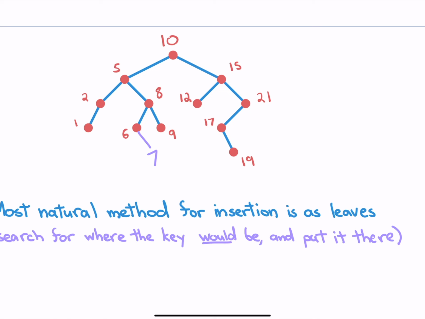Just search until you get to that leaf where it would be and then put the key there. This way you'll maintain all the left-right invariants and that'll be okay. But there's one issue. Why might this be bad?